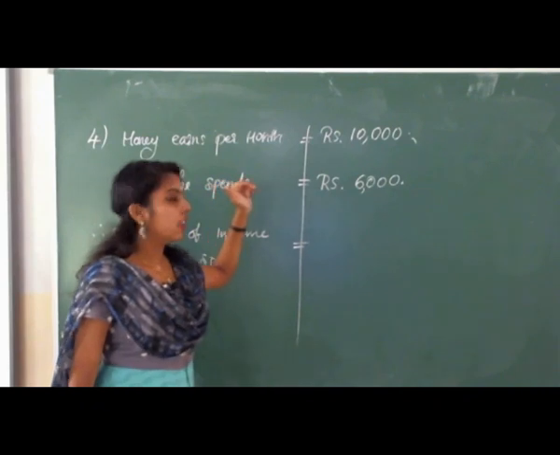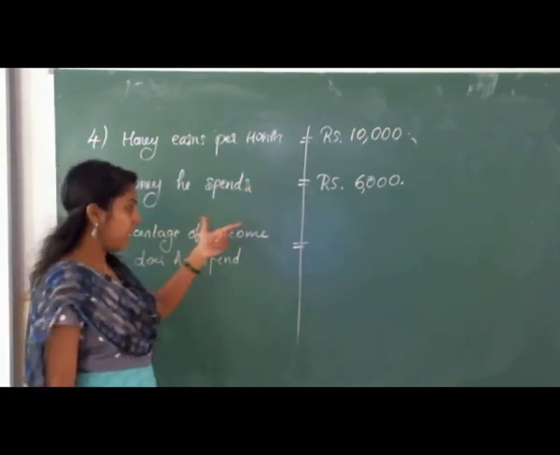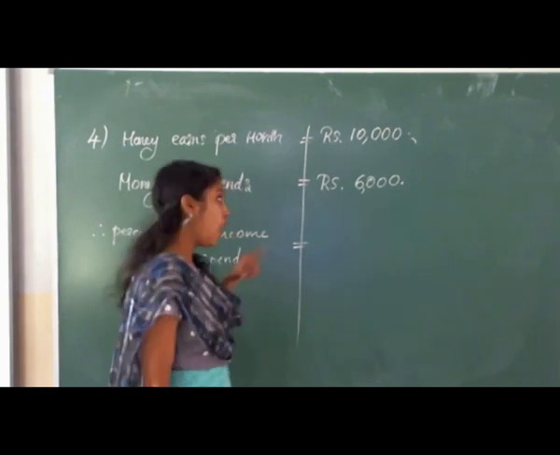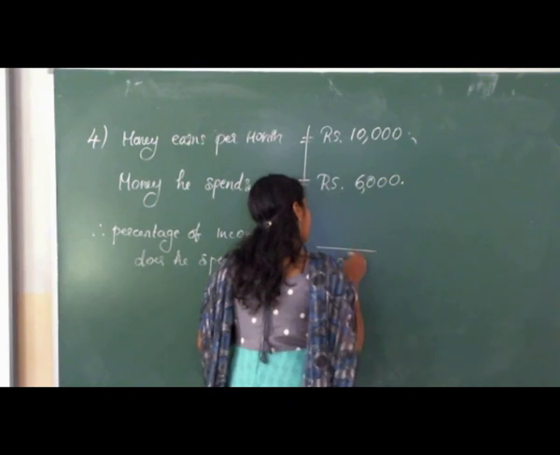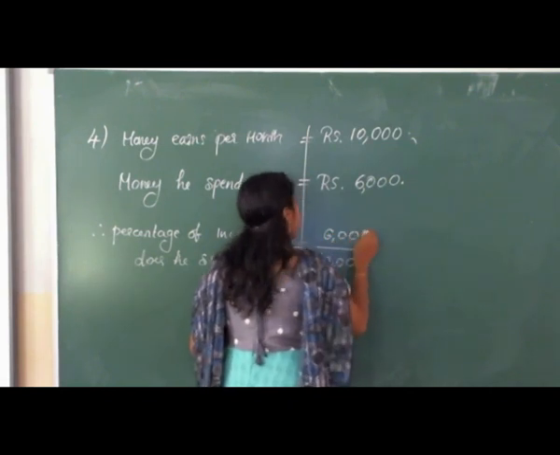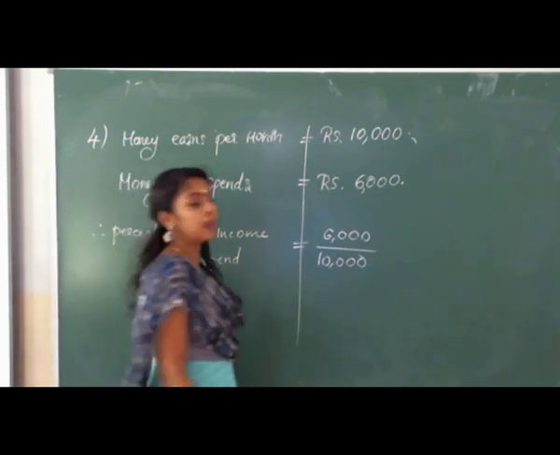When we are reading the question, we will get: out of 10,000 he spent rupees 6,000. So you get the fraction and convert it into percentage.